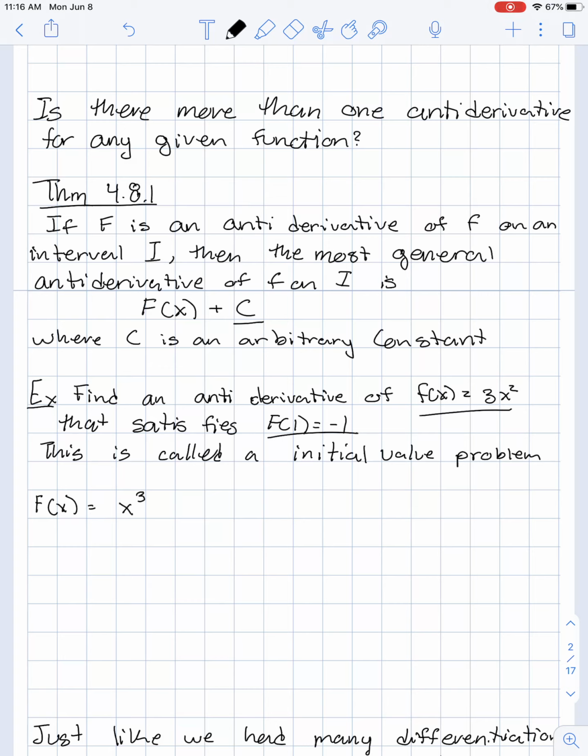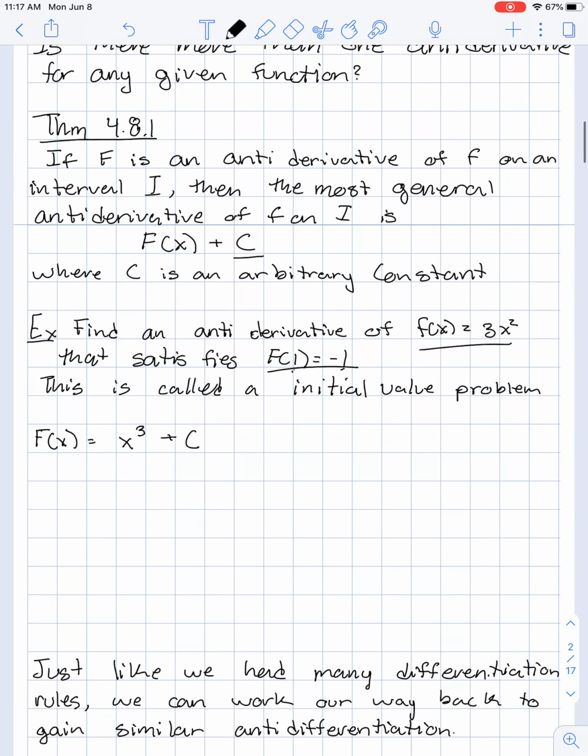Well, that theorem up there says that I need to add this constant, because since the constant's derivative is 0, I get a family of functions that are the antiderivative of 3x squared. All right, and then we can narrow down that family to find the one and only that has this initial condition.